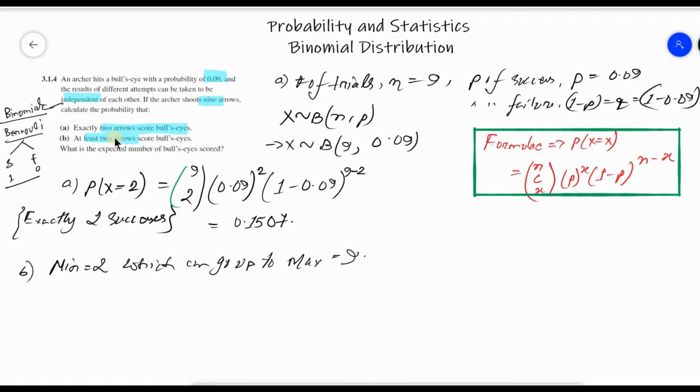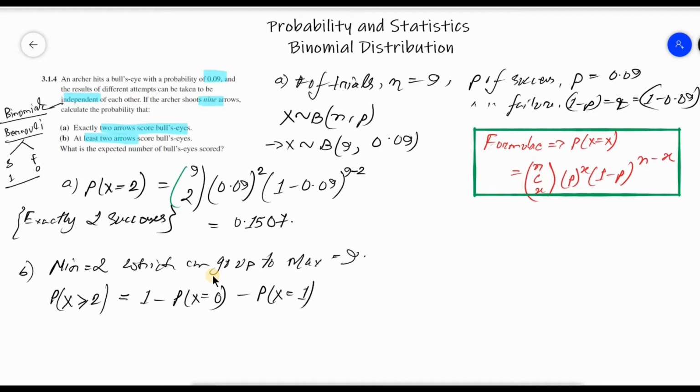So for this, what we can do is we can add up all the probabilities starting from 2 to total number of trials 9, but that would be a very lengthy process. So what we'll do in this case is probability of x greater than or equals to 2 is equal to 1 minus probability of x equals to 0 minus probability of x equals to 1.